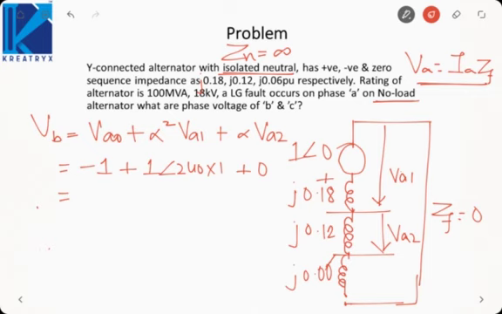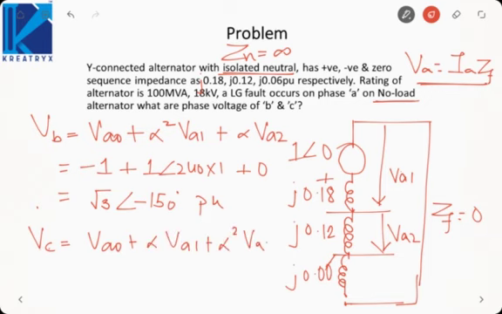So this will come out to be root 3 angle minus 150 degrees PU. VC will be VA0 plus alpha VA1 plus alpha square VA2, that is minus 1 plus 1 angle 120 into 1 plus 0. So it will come out to be root 3 angle 150 degrees PU.